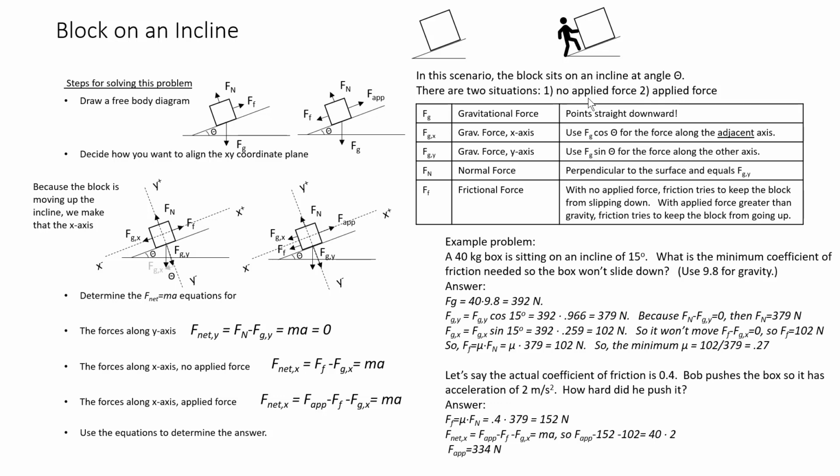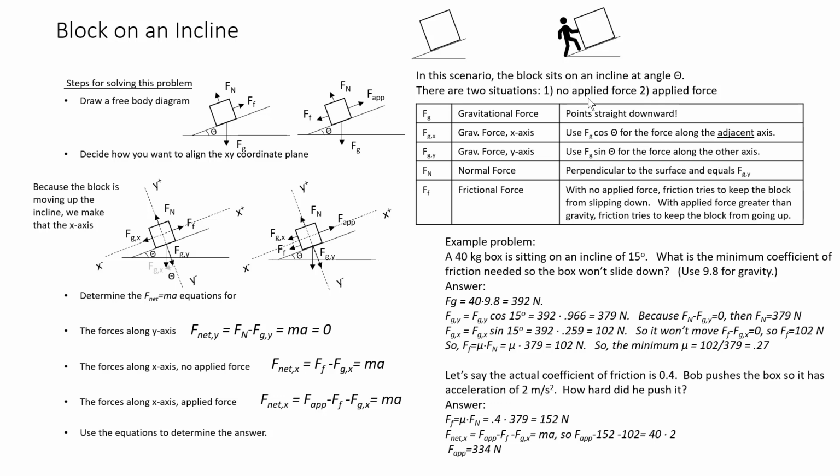We have two little sub-scenarios here. One is where the block is just sitting there, and the other is where the block is being pushed. In both cases, forces are aligned with the x-axis or the y-axis, except for gravity. And so gravity is what we have to project onto the x and y-axis.